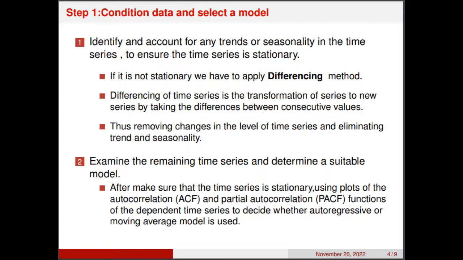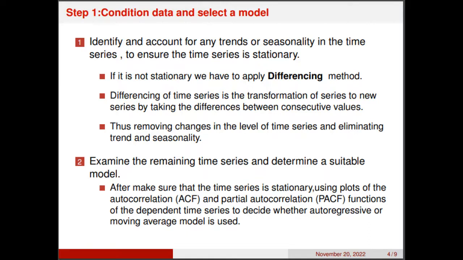In the second sub-step, we have to find a suitable model. For that, plot the autocorrelation and partial autocorrelation function of the time series and decide whether an autoregressive or moving average model is used.